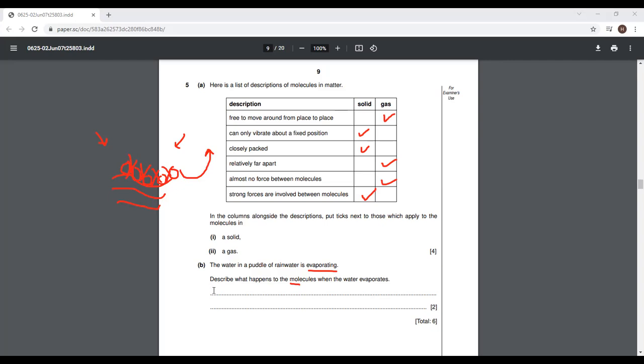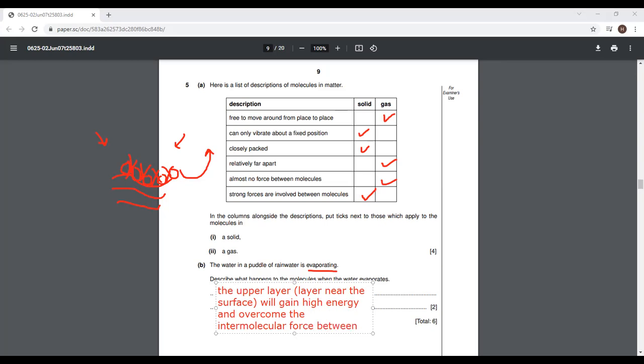Let's put this into words. The upper layer near the surface will gain high energy, overcome the intermolecular force between the molecules, and escape to the surroundings.